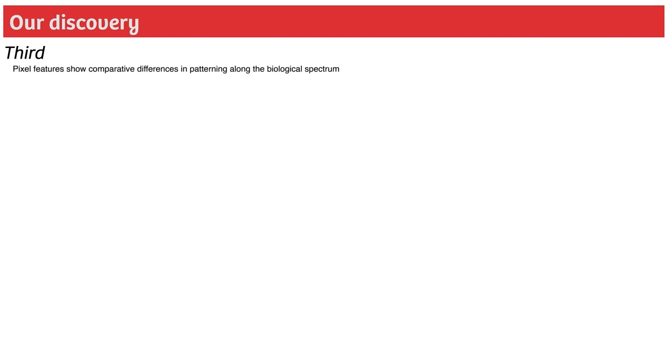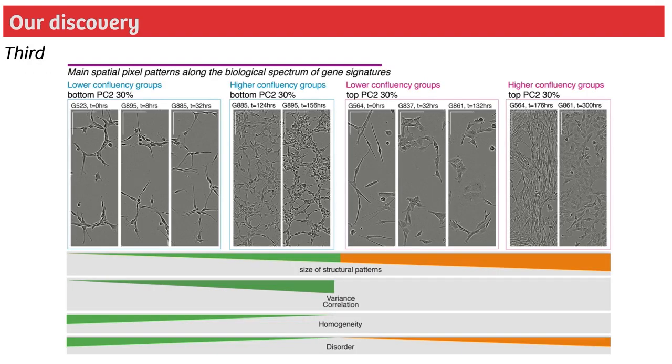We wanted to understand what kind of patterns you are observing. The lower PC2 images, enriched for neurodevelopmental and brain cell type gene expression patterns, were more ordered, more complex, and had smaller repeating patterns.